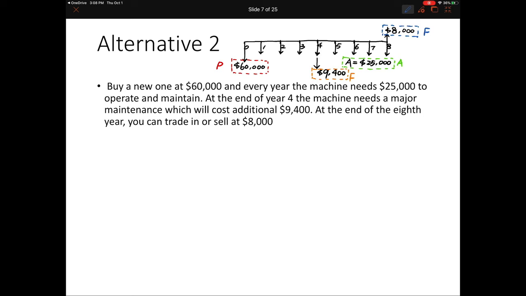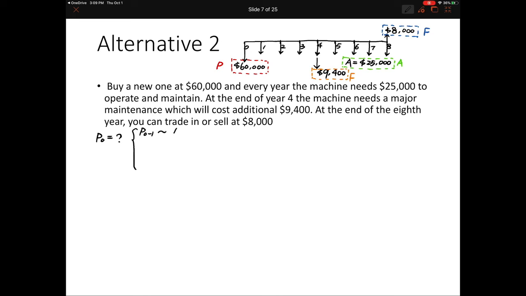So now we have four parts to convert: the present value, the first future value, the annuity, and the second future value. Okay, so right now, if you want to find out what is the present value for those cash flows, there are four parts.